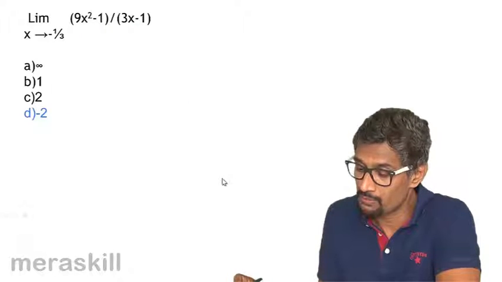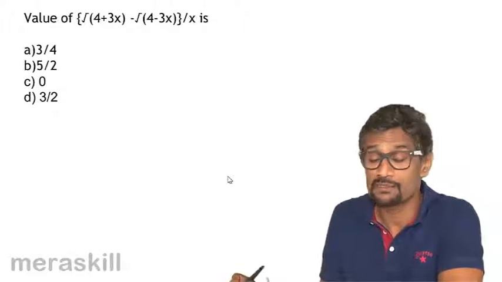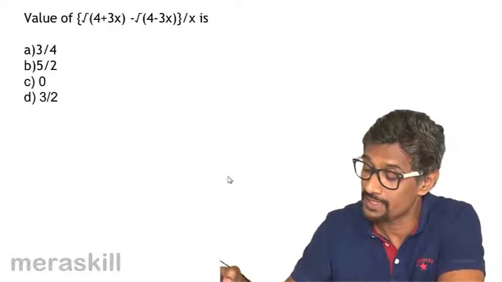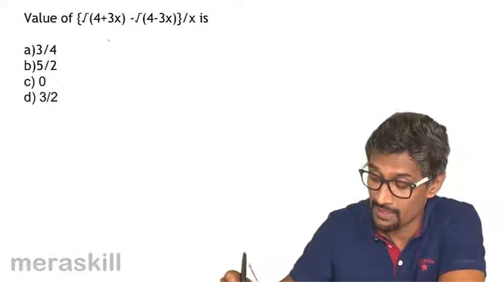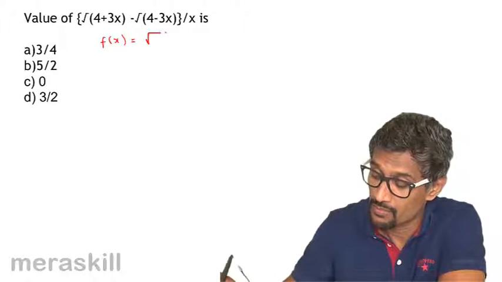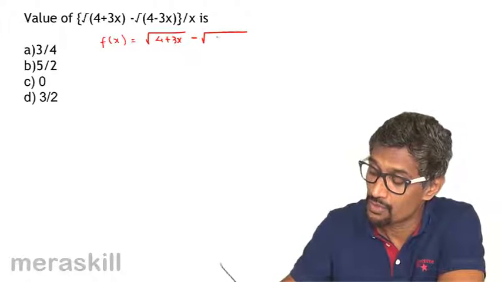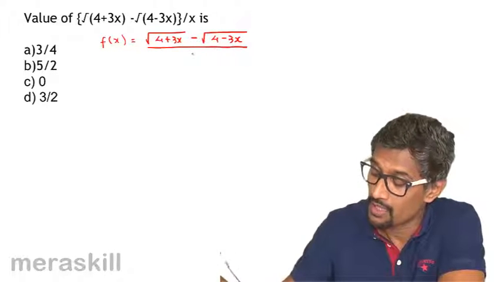With a simple example. Okay, again we have root of 4 plus 3x minus root 4 minus 3x, the familiar process of multiplying by the conjugate. So f of x is root 4 plus 3x minus root 4 minus 3x upon x.